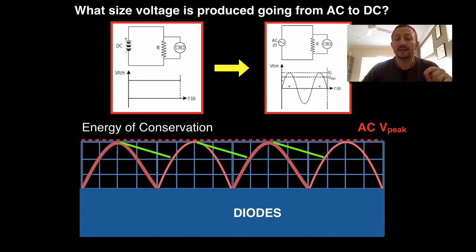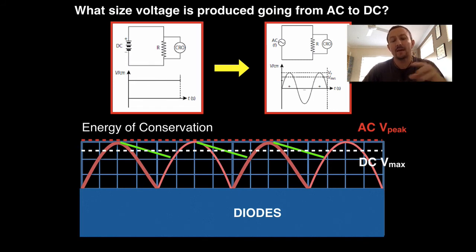Now we know that the red dotted line is the AC voltage peak. That's the maximum voltage that is produced by that alternating current. If we add a capacitor in there, we can smooth off some of the energy. But basically what we want to know is, if we've got an AC voltage which is peaking at a specific level, what's the actual energy when we relate it to DC?